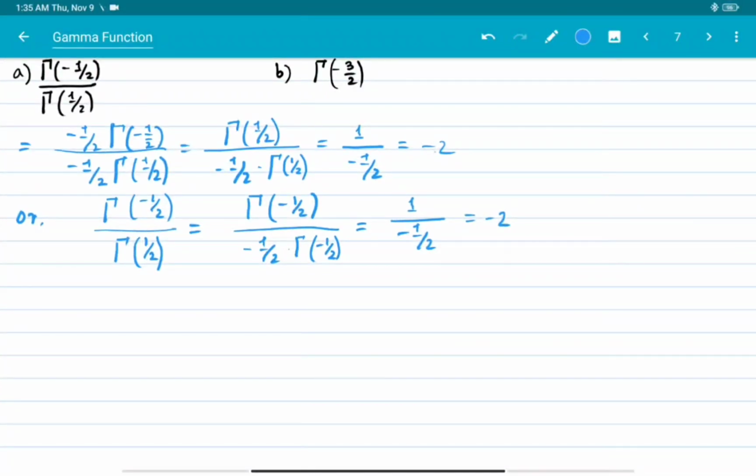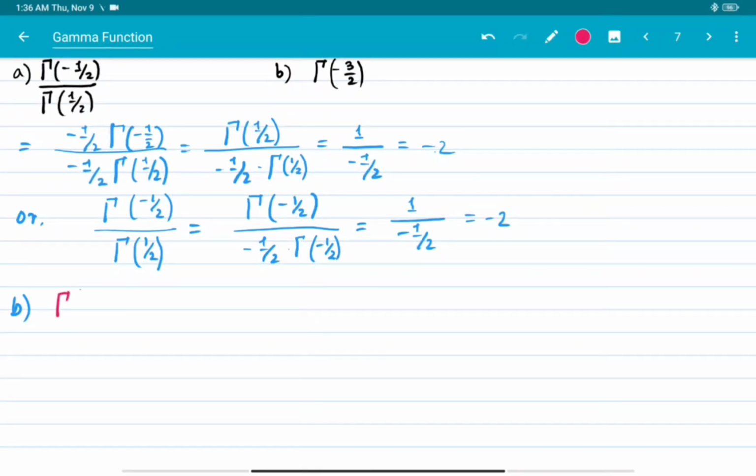The next problem is gamma of minus 3 by 2. I can give you a hint, and the next part is left to you.